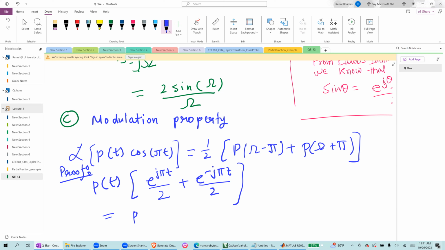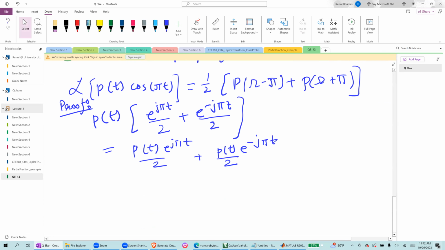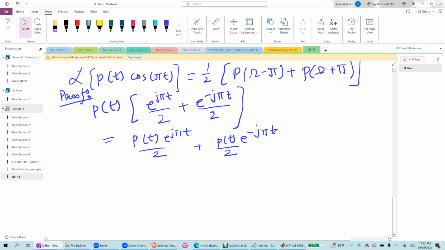So P of t e to the power jπt divided by 2 plus P of t e to the power minus jπt divided by 2. Now take the Laplace transform on the LHS side.